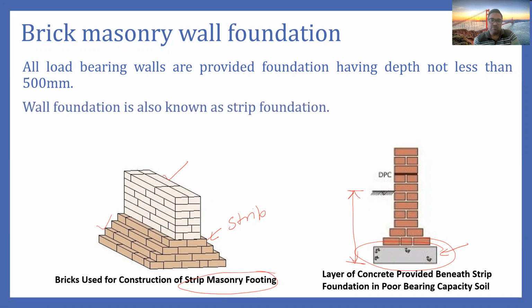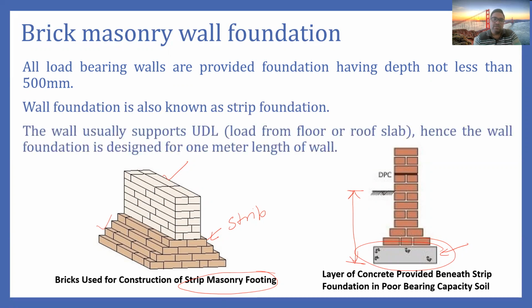And this wall foundation, as I said, is also known as strip foundation. And this wall foundation generally carries the UDL. As the wall has a particular length, it carries load in terms of UDL. So along the length, it carries the load, which we can consider as the UDL.